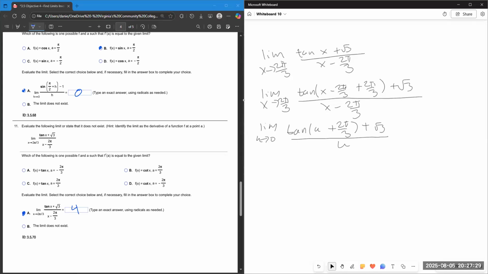And then that is going to involve a sum difference identity for tangent.